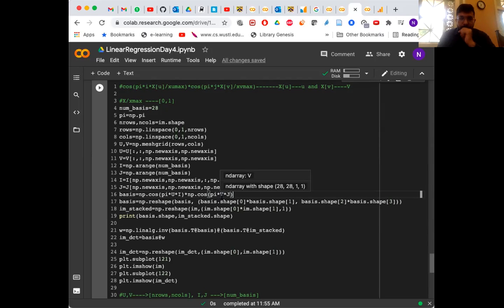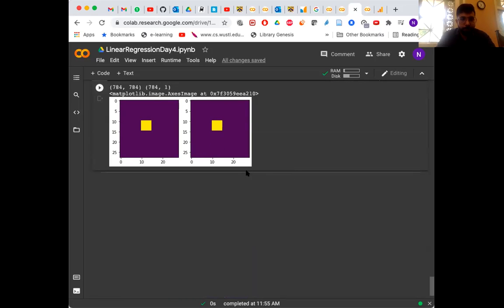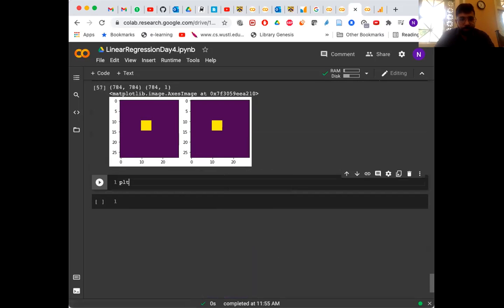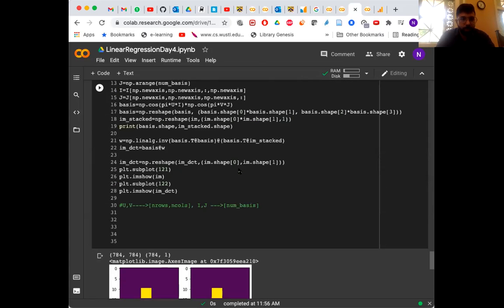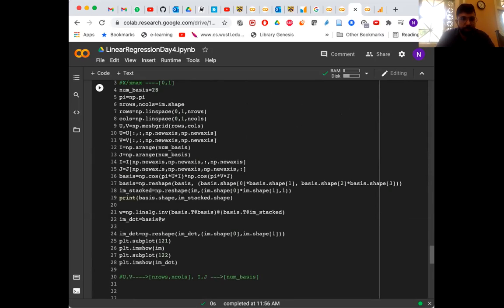Okay, can we do something like this? Let me just think about it a little. I just want to debug something. Okay, so this is 1. So why don't we do this? Let's write it sine and sine.